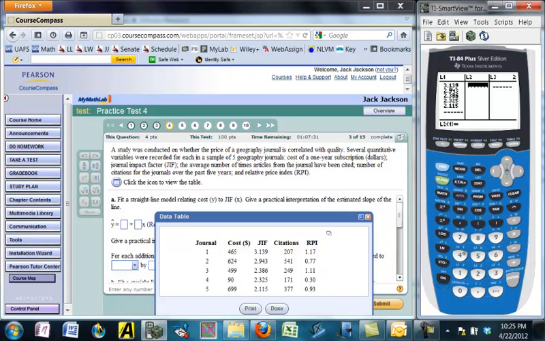In List 2, being sure to line them up where they match, I'm going to put the Y's, which are the costs: $465, $624, $499, $90, and $699. Okay, so now we have X's and Y's, our ordered pairs, in our Stat Edit, actually in our list. L1 is the X list, L2 is the Y list, and they are lined up, so the first one is the ordered pair.